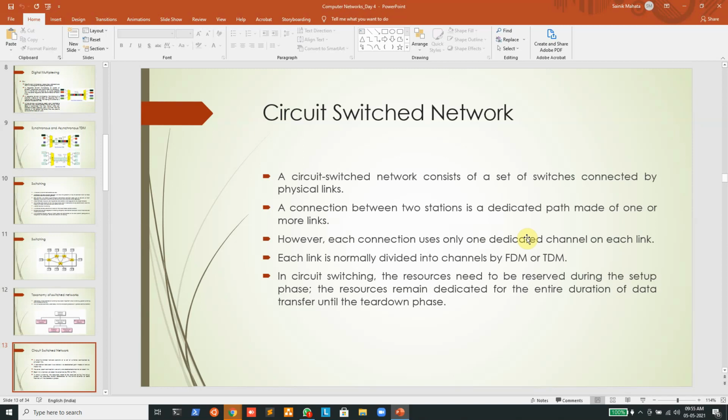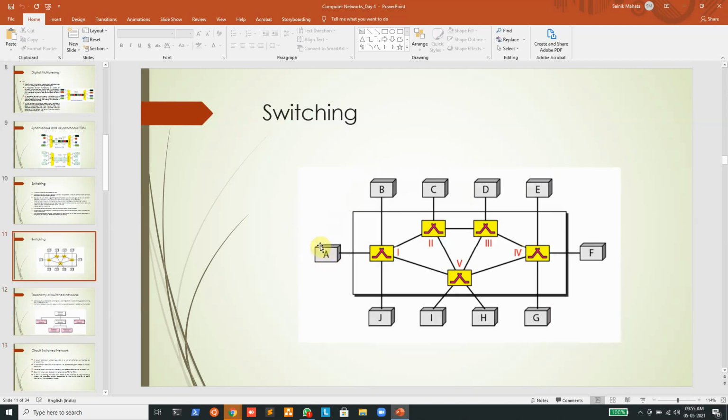In circuit switching, the resources need to be reserved during the setup phase, which means whenever I want to communicate from this computer A to this computer E, there is a link that I will follow.